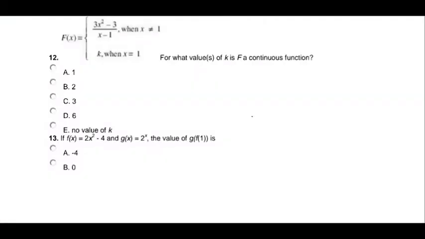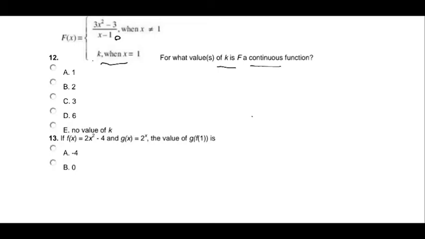Question 12. We have a function here, 3x squared minus 3 over x minus 1. And we have k. K is going to be a variable when x is equal to 1. So for what values of k is f a continuous function? So it cannot be 1 anyway, because if it's 1 we'd have 0 as denominator and that's undefined.